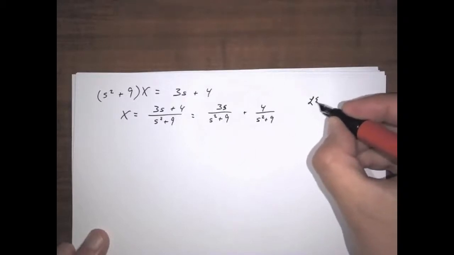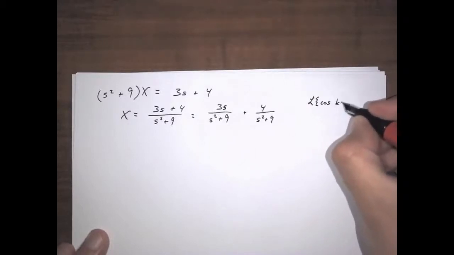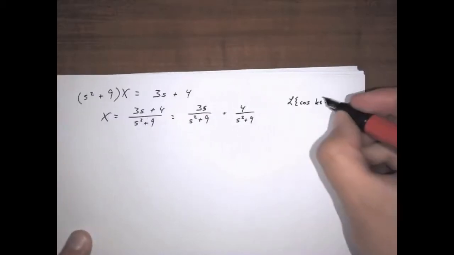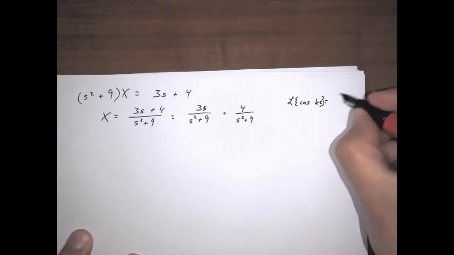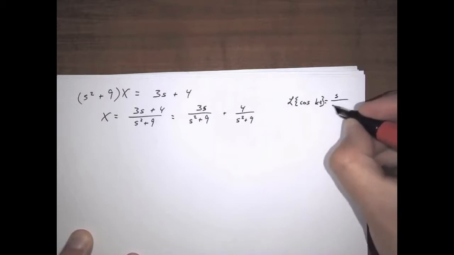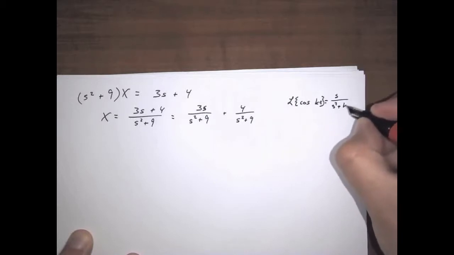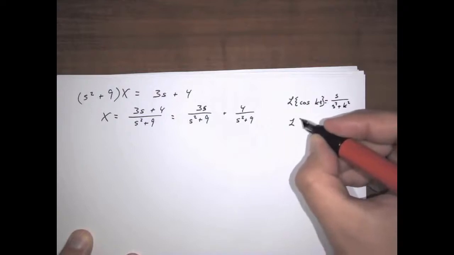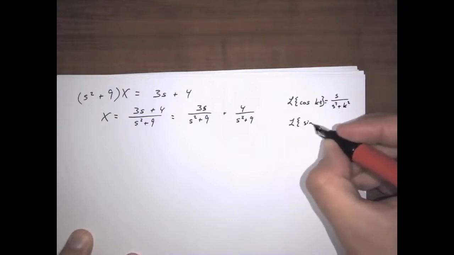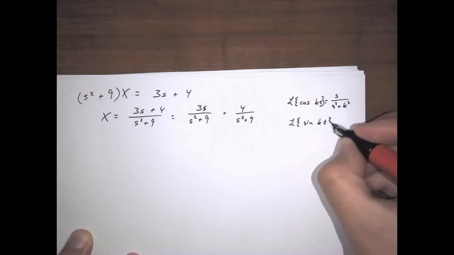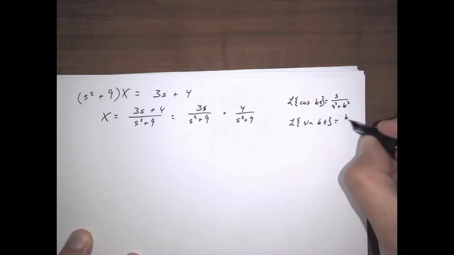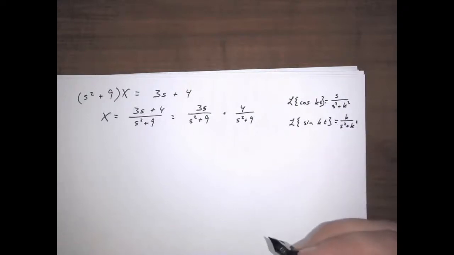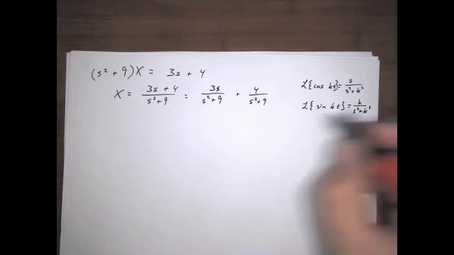If you remember, the Laplace transform of cosine kt is equal to s over s squared plus k squared, and the Laplace transform of sine kt is equal to k over s squared plus k squared, and here we are talking about k being 3.